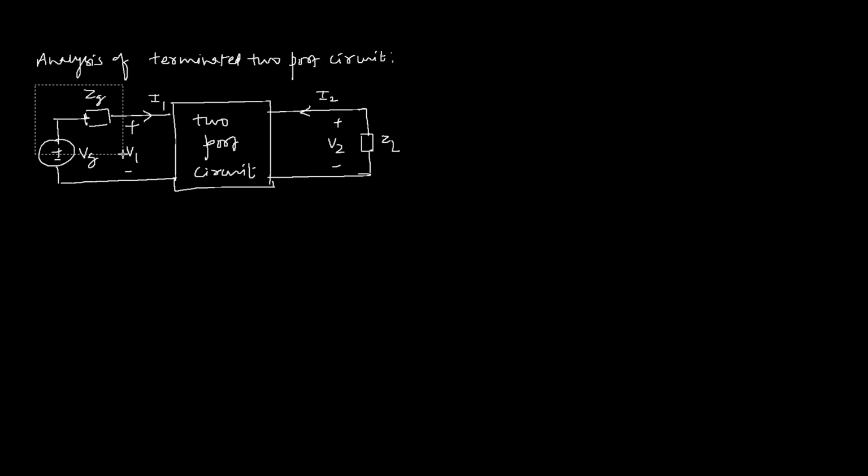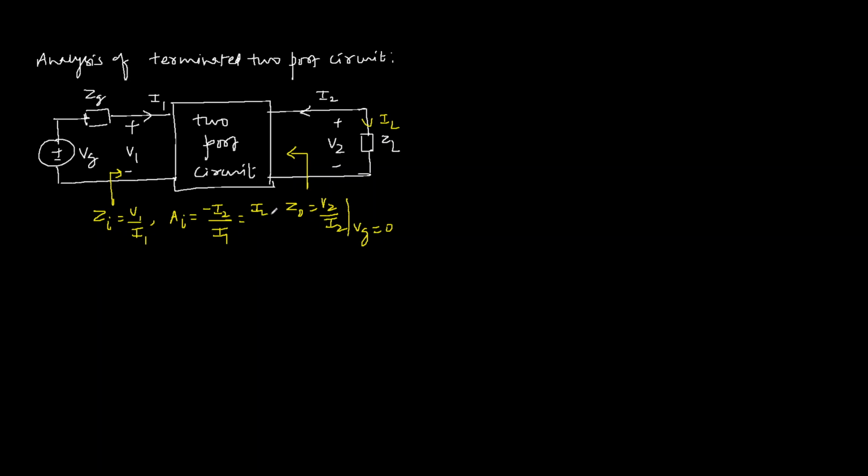Now for this circuit, we have to find the input impedance Zi, which is V1 over I1, the output impedance Z0, which is V2 over I2 when Vg is 0, and we also find the current gain, which is negative I2 over I1 or IL, because IL is negative I2 over input current Ii, and the voltage gain AV, which is V2 over V1 or V0 over Vi.